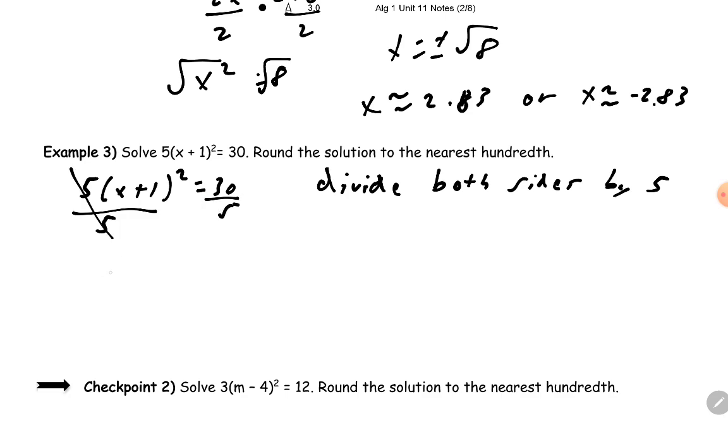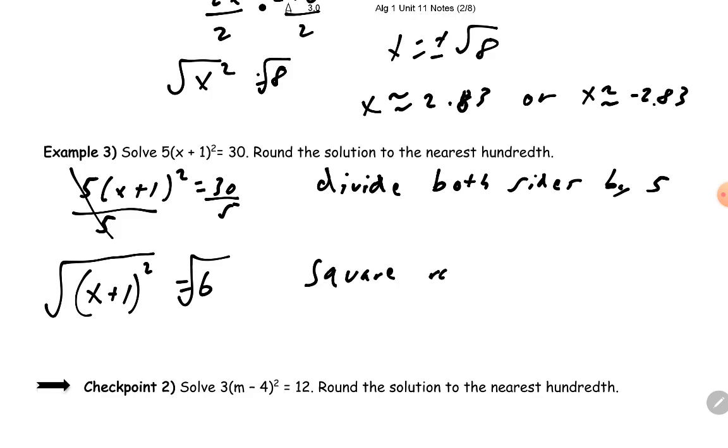These will cancel. And I'm left with x plus 1 quantity squared equals 6. Okay, and then to get rid of that squared, I'm just going to take the square root of both sides.